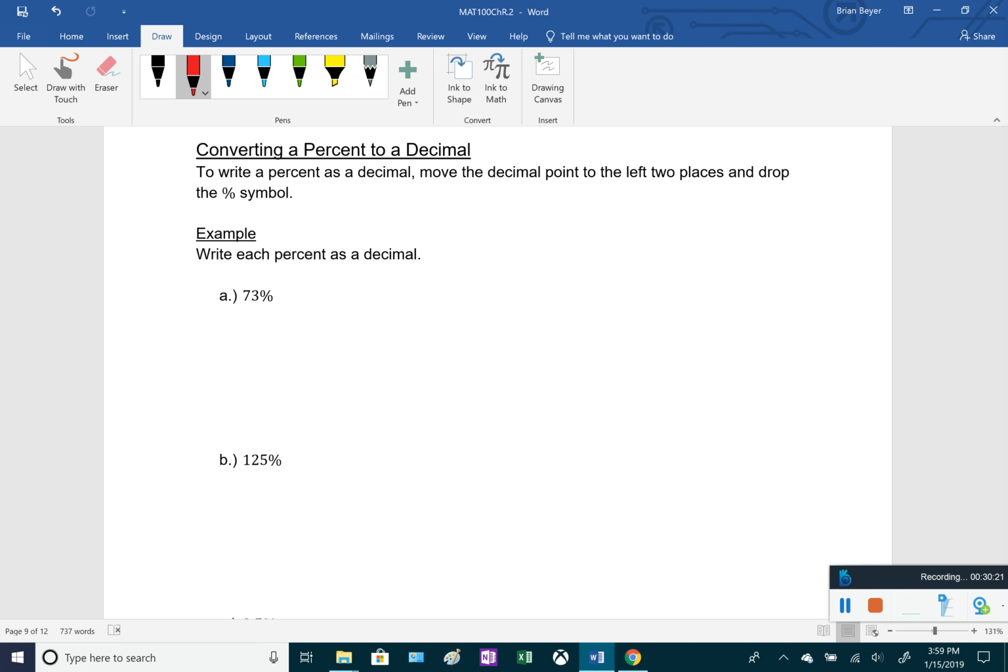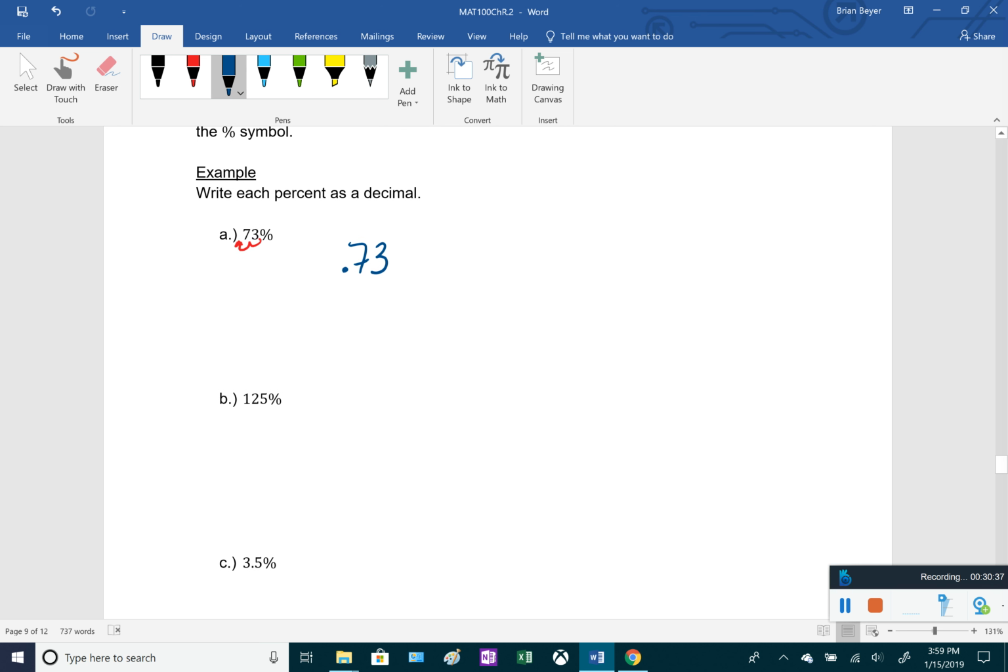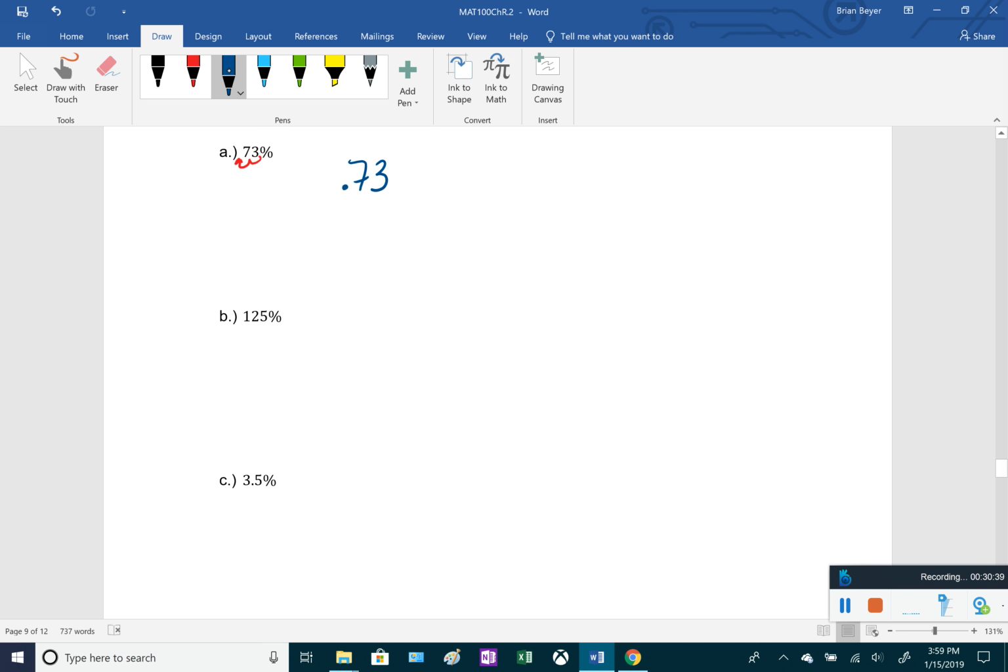So 73%, the decimal is right after it technically. So move it to the left 2 and we get 0.73, 73 hundredths. For the next one, we have 125%. So move it to the left 2, we get 1.25. Last one, 3.5%.